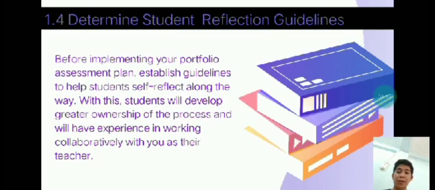So through questioning, the students can reflect on their activities because you ask questions related to their activity, and the students can reflect on their own work. After questioning your students, you can determine students' reflection based on their answers to your questions.